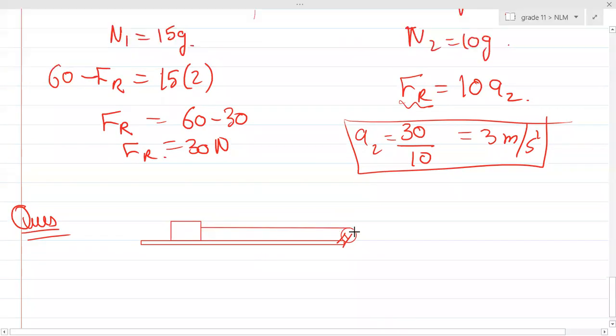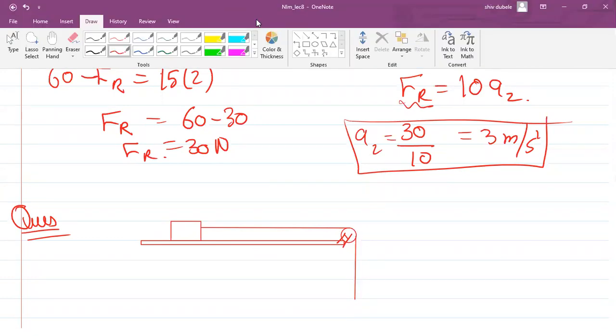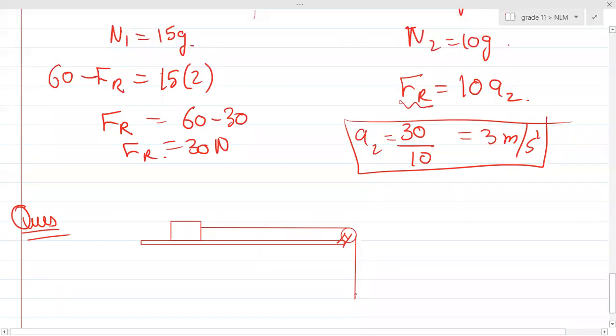And there is a spring over here, and this is connected to 30 kg block, 40 kg block, spring constant 2400 Newton per meter.